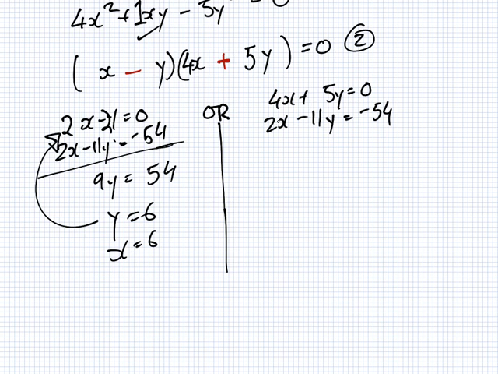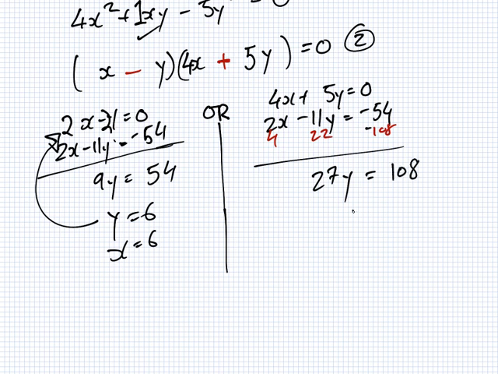I'll multiply this one by 2 as well. So that becomes a 4, a 22, and 108. 4x minus 4x is gone. 5y minus 22y is 27y. 0 minus 108 is 108.